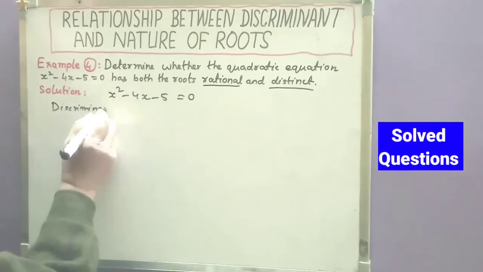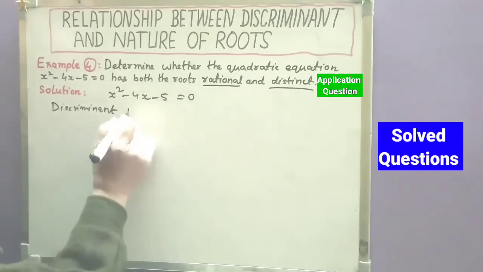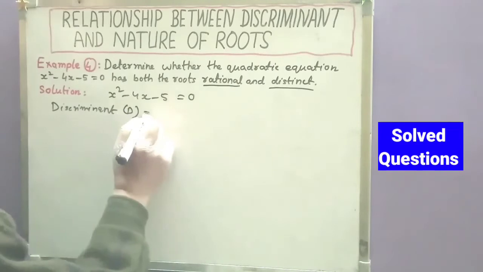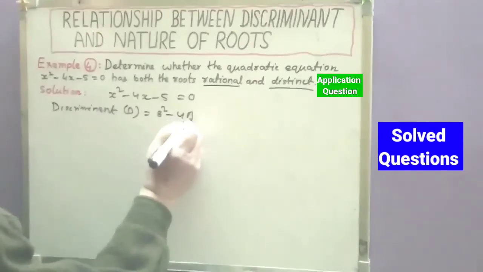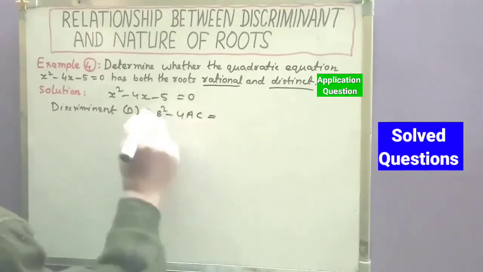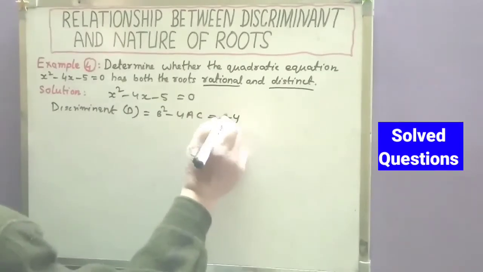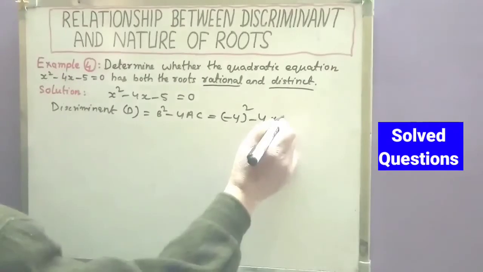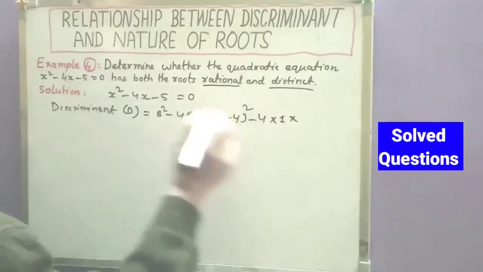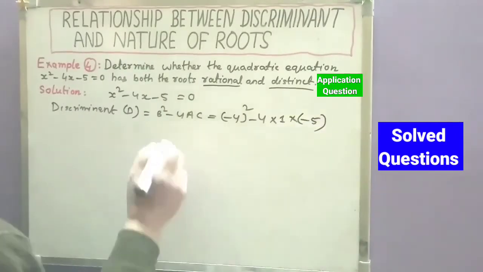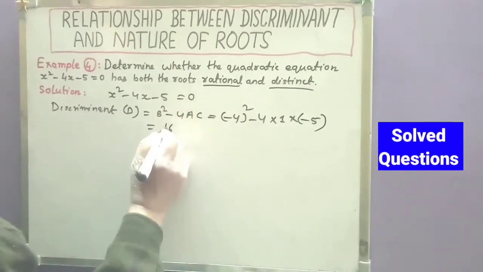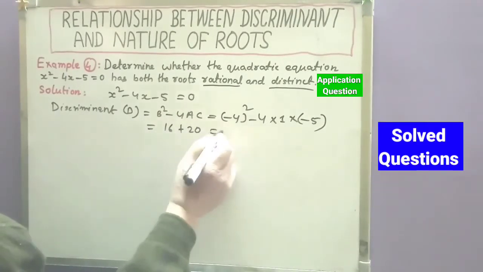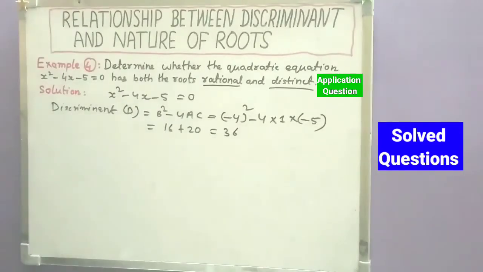Now the discriminant d equal to b square minus 4ac, that equal to minus 4 whole square, because b equal to minus 4, into 1 into minus 5, because c equal to minus 5, that equal to 16 plus 20, that equal to 36.